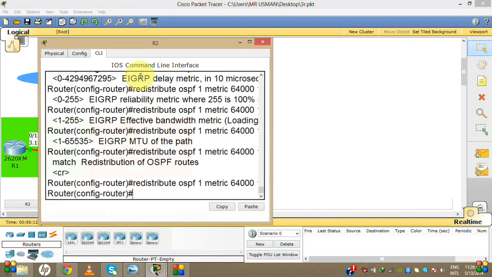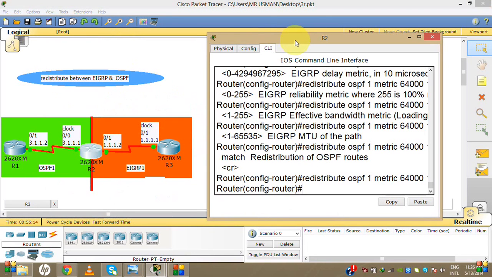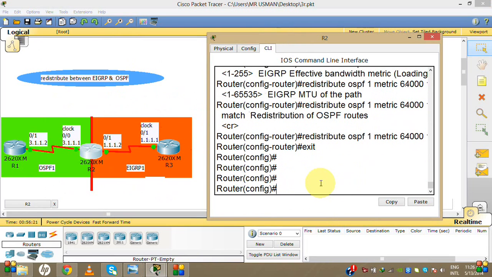For this purpose I will go to router 2 again, because two routing protocols are running on it. Exit, and the commands are router OSPF. I have to write OSPF here because I'm going to advertise EIGRP into OSPF.